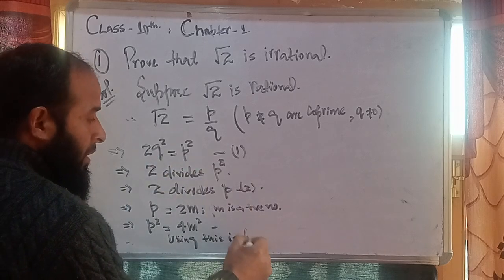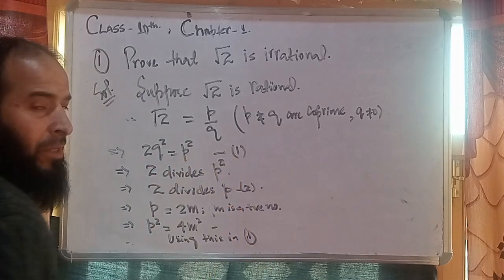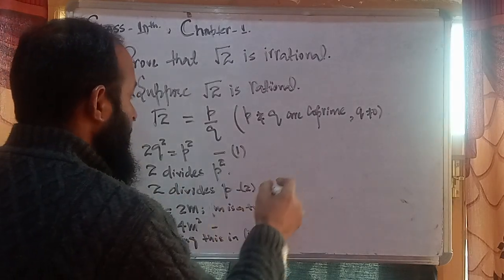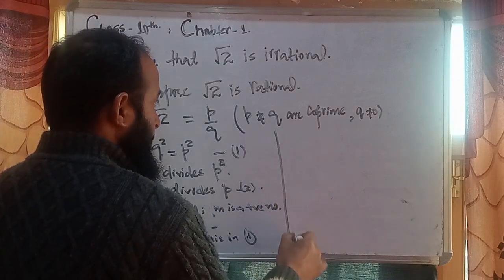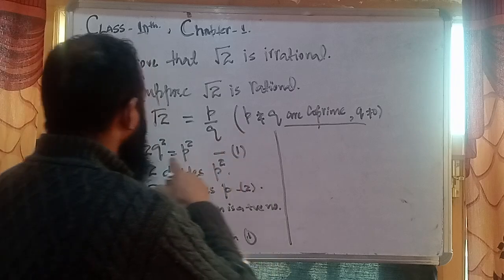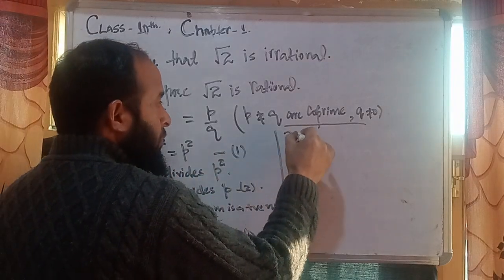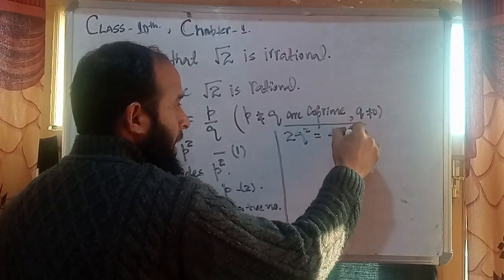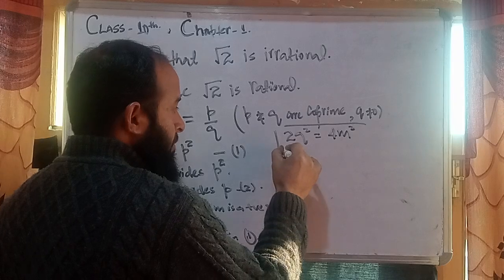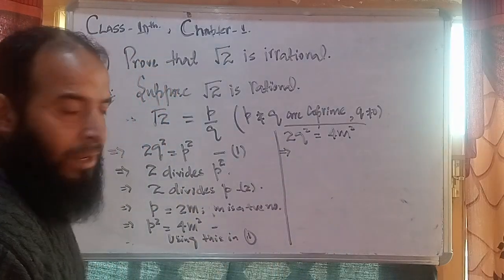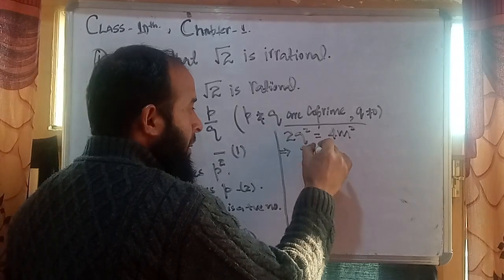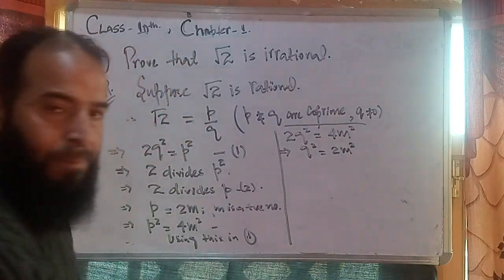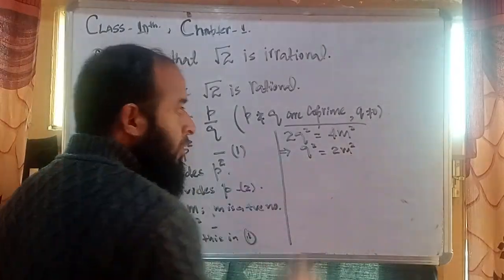Using this in the first equation, we will get 2q square is equal to 4m square, which implies q square will be equal to 2m square.